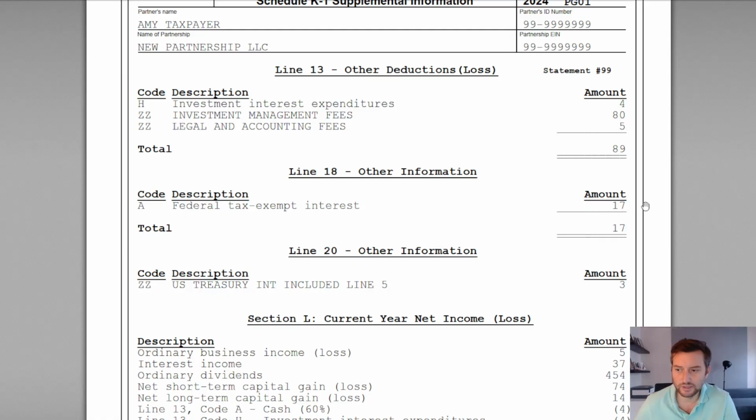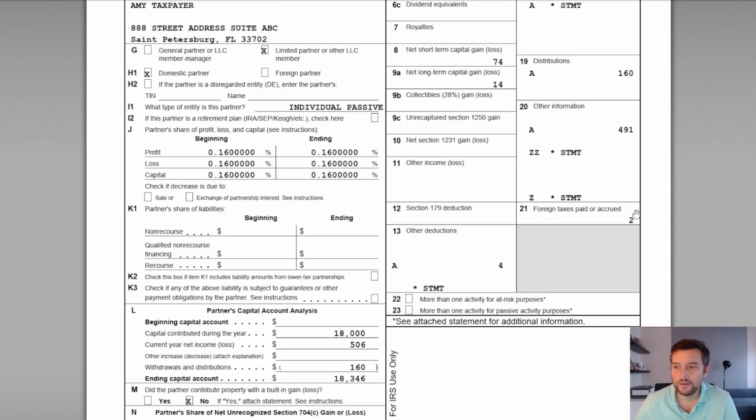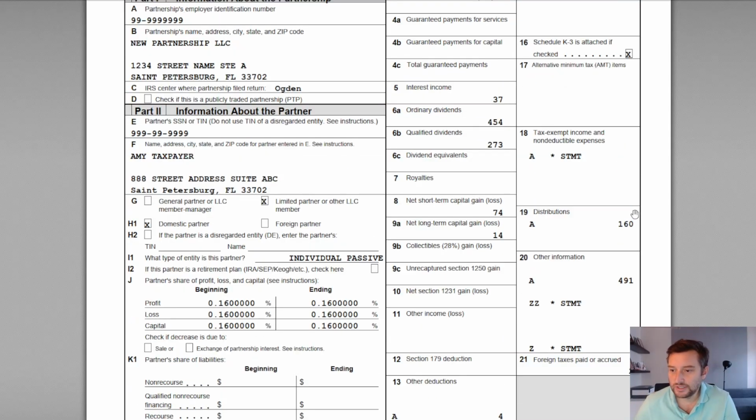But nevertheless, that's how it gets reported. So it gets reported on page 1, not subject to federal income taxes generally, might be subject to state income taxes, and then you might have an AMT adjustment if it is private activity bond interest.